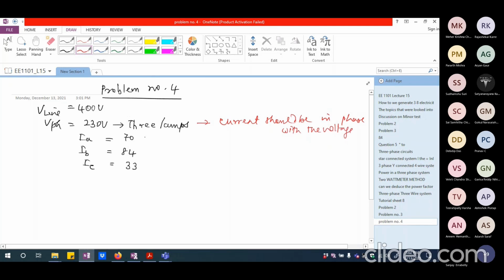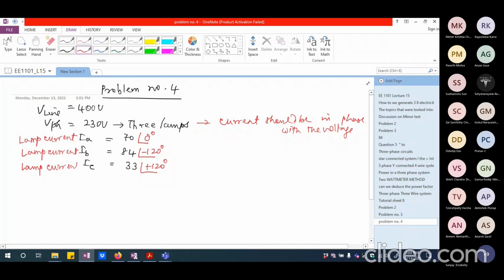If it is connected between VAN, if I assume this is 0 degree, this will be minus 120 and this will be plus 120. This is how I'm going to have IA, IB and IC lamp current. So lamp current IA, similarly lamp current IB, and lamp current IC.